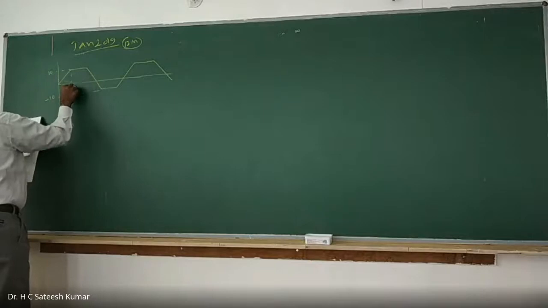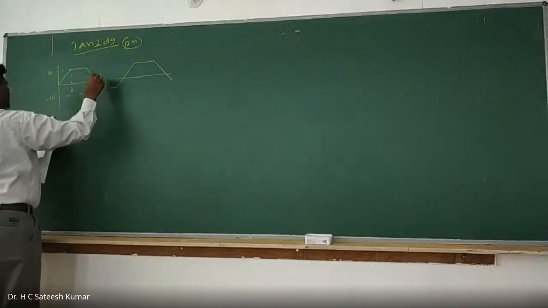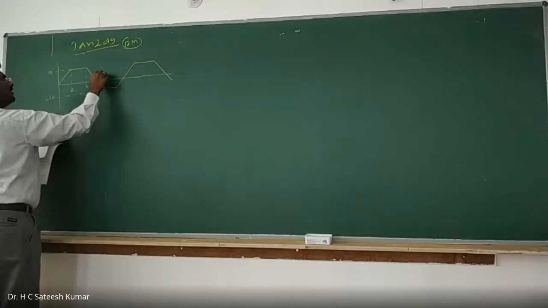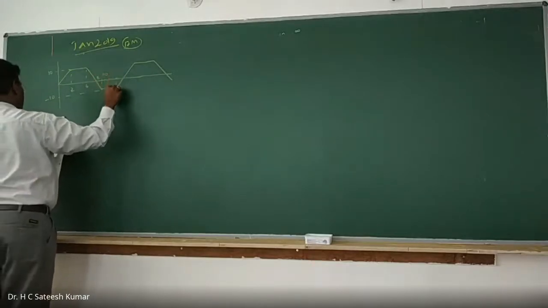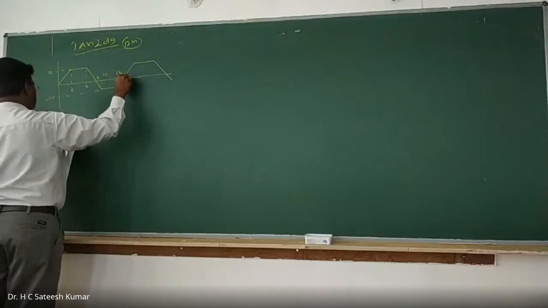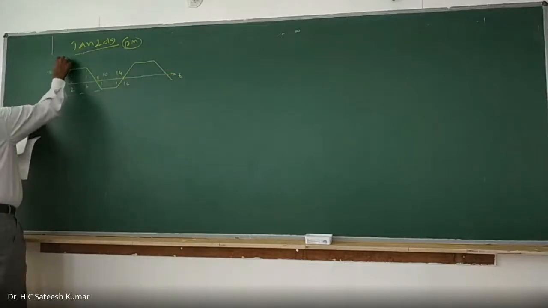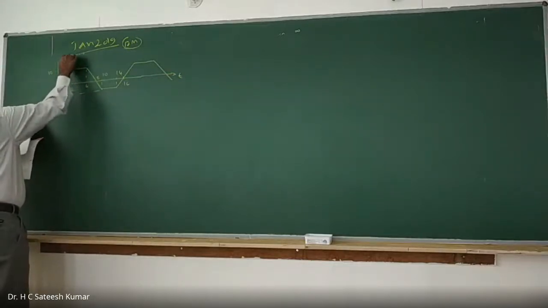This is 2, this is 6, this is 8, this is 10, and this is 14, 16, and so on. This is T, and this is v of t.